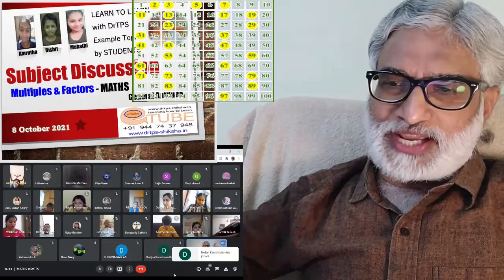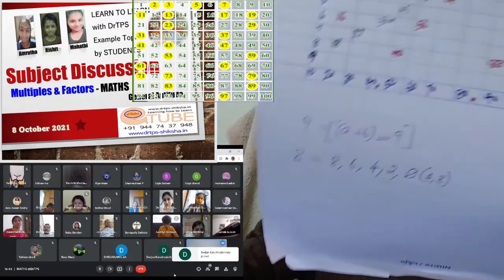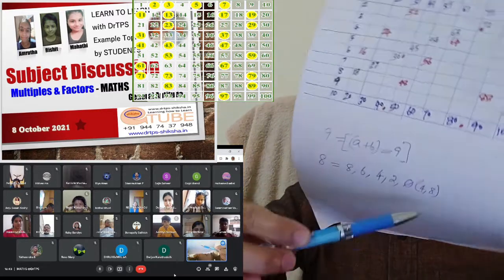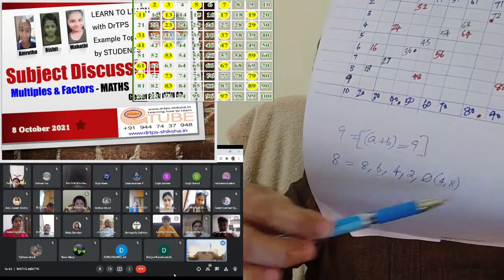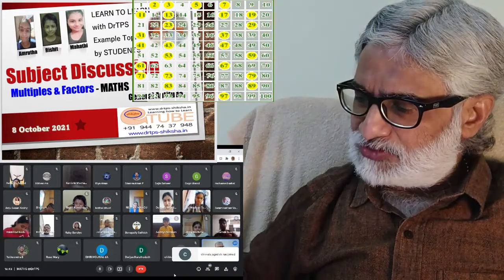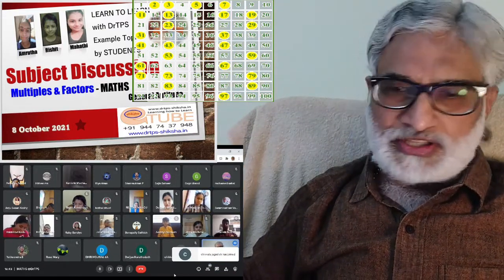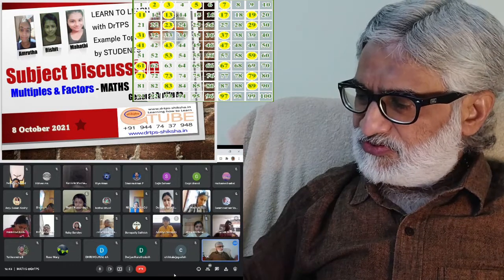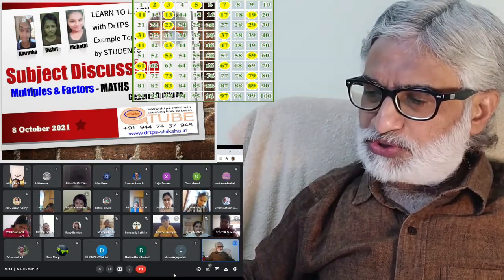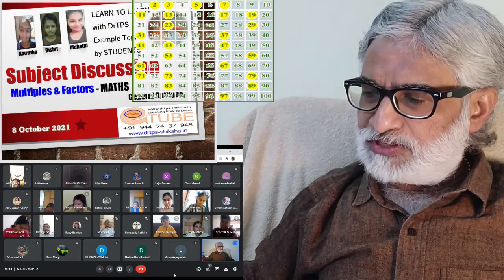So you write like this. When it is 0 ending, you can put 4, 8. When 2 is ending, you put in brackets 3, 7. When 4 is ending, you can have 2, then 0 and 6 also.